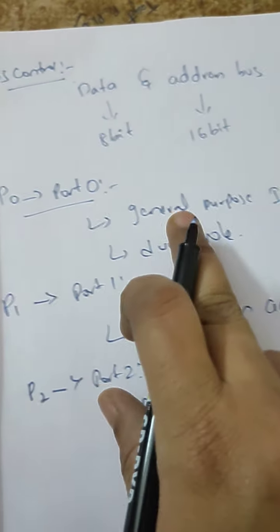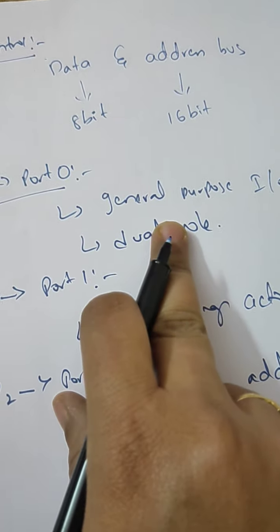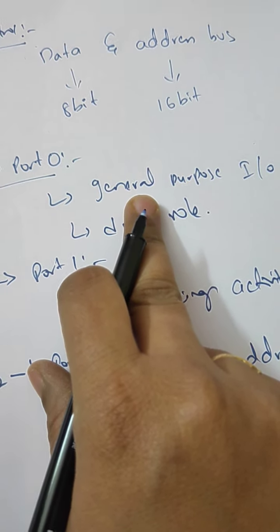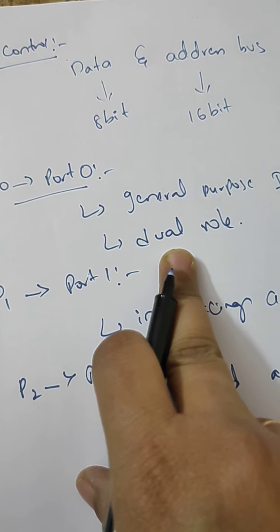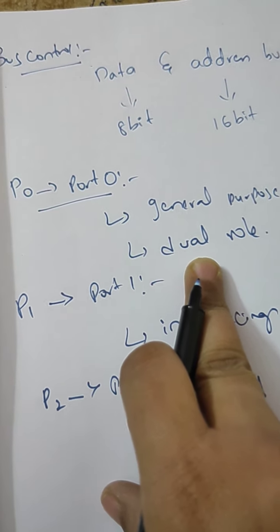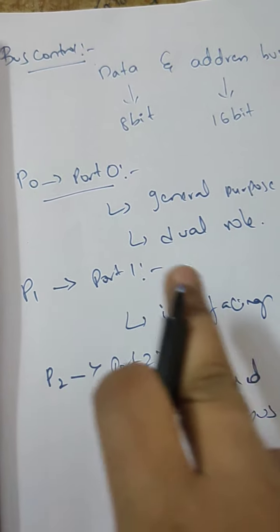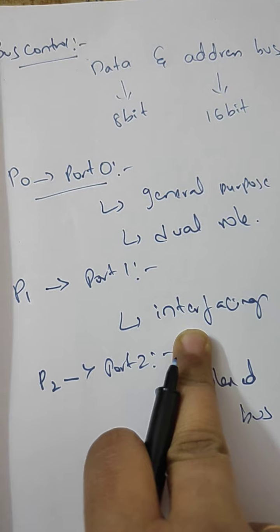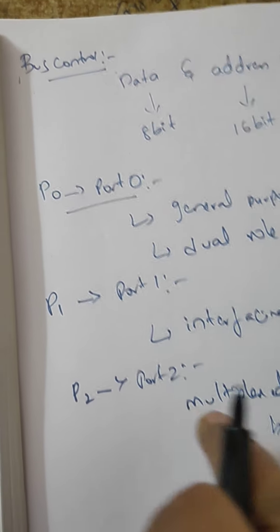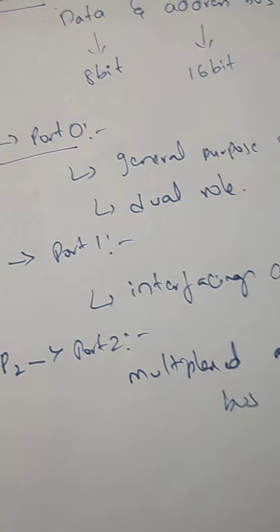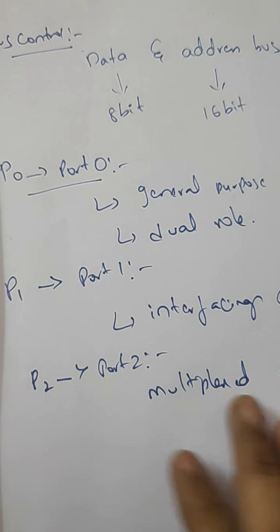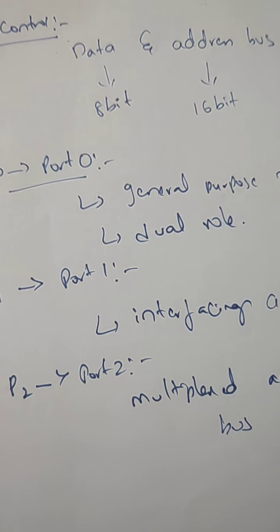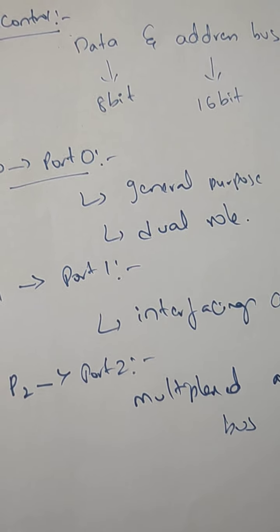Port 0 is used to perform input and output operations. It acts like a general purpose IO port, and it is also known as dual role as it is performing dual functions. Whereas port 1, that is P1, does not perform any dual functions, and mainly it is used for interfacing activities. Whereas port 2, P2, is similar to P0 operations if external memory is present, and it acts like a multiplexed address and data bus.